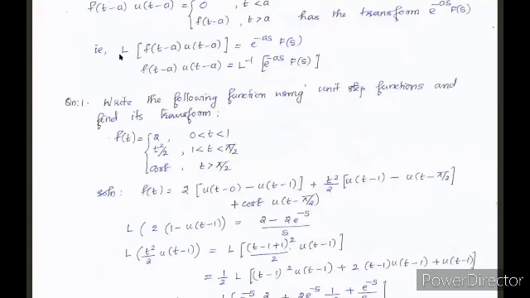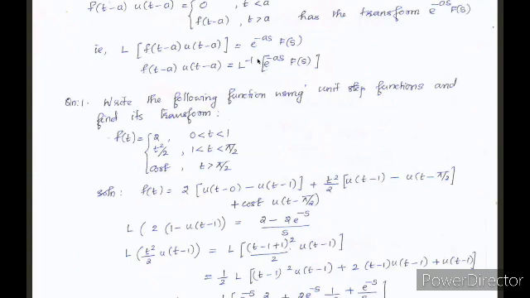So Laplace transform of f of t minus a into u of t minus a equal to e raised to minus as into F of s, where F of s is the Laplace transform of f of t. So here f of t equal to 1. So F of s is equal to 1 by s. Laplace transform of 1 equal to 1 by s. And a equal to 1.